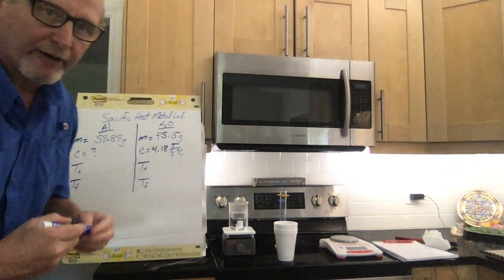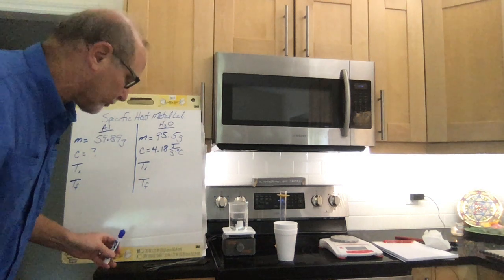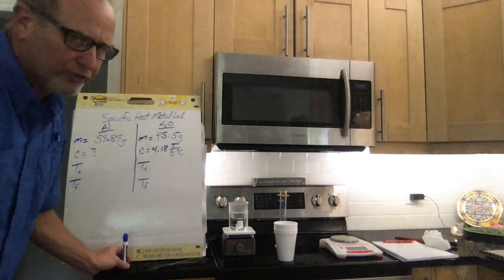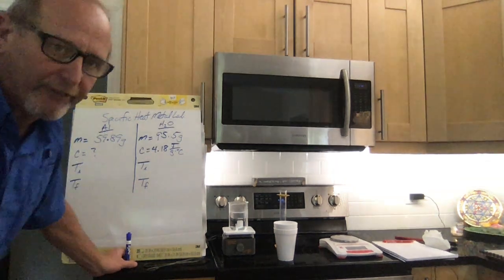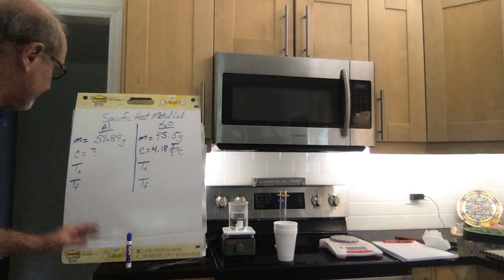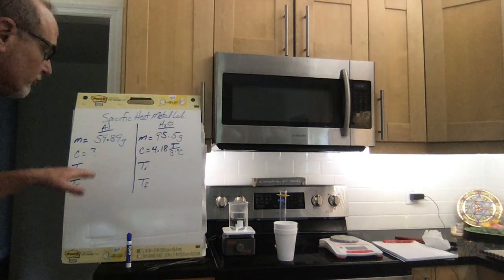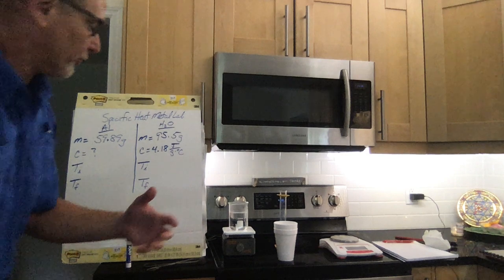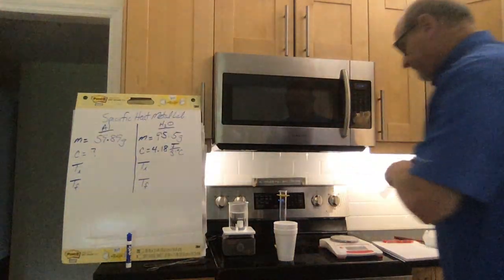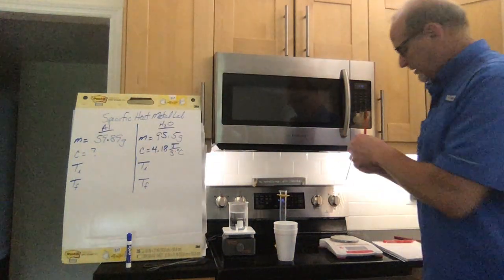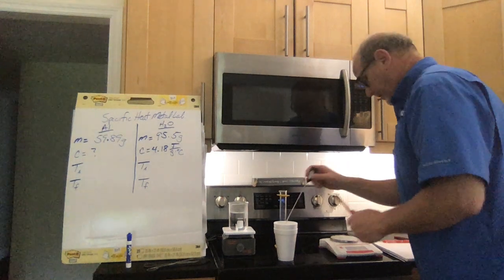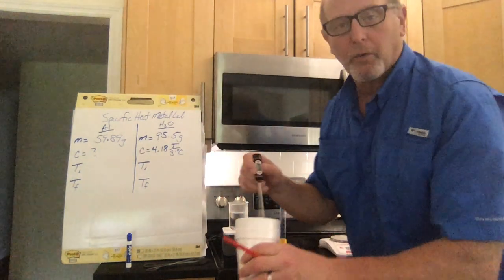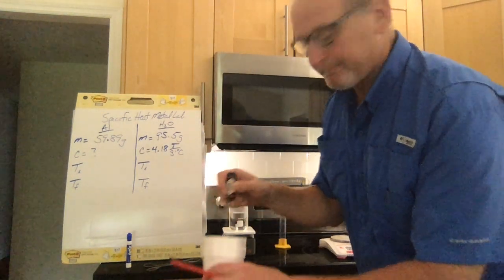I could put the styrofoam cup on the balance and weigh out the water as well. I still should get something very, very close to 95.5. So now what I need is the initial temperatures of both. So I've got a thermometer here. Pop that in, turn that on, and bada bing. And I'm going to put that in my water. I'm going to stir this up.